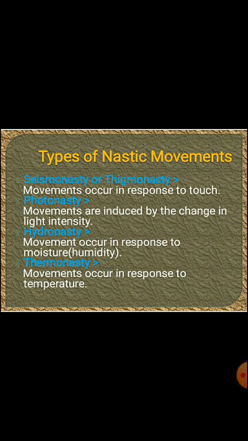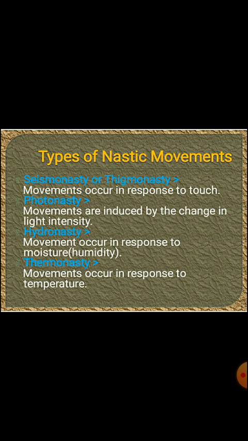This type of response or movement is known as thigmonasty, in which no direction is involved. Photonasty means movements are induced by the change in light intensity, such as in sunflower. While in hydronasty, movement occurs in response to moisture, means humidity. Hydro means water, it means the movement in response to moisture, such as folding of grass leaves in response to drought.